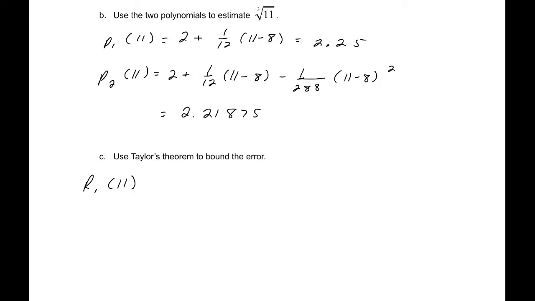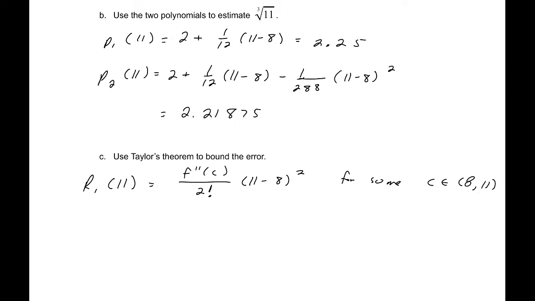By Taylor's theorem, this is equal to the second derivative evaluated at c over 2 factorial, we're going from the first to the second derivative there, times 11 minus 8 squared for some c in the interval between 8 and 11.